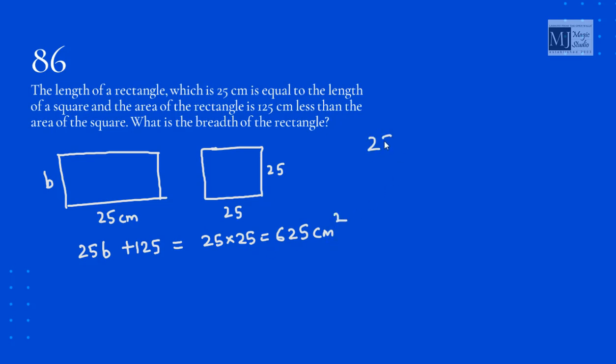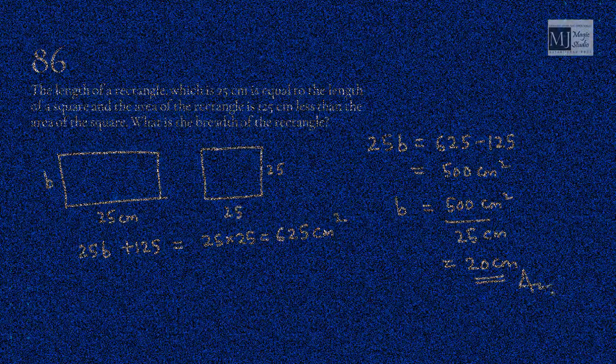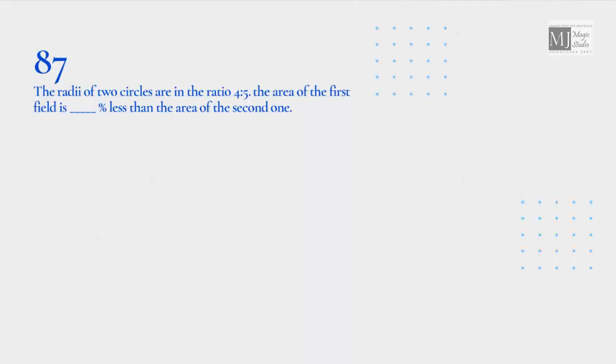So area of rectangle is 25B, that is 625 minus 125, equals 500 centimeter square. Therefore, breadth of the rectangle is 500 centimeter square by 25 centimeter, 20 centimeter. Answer.